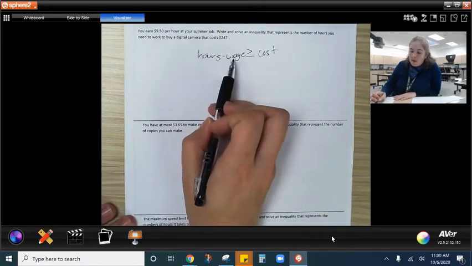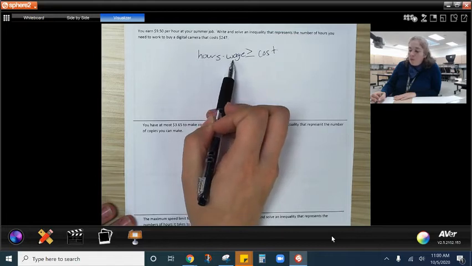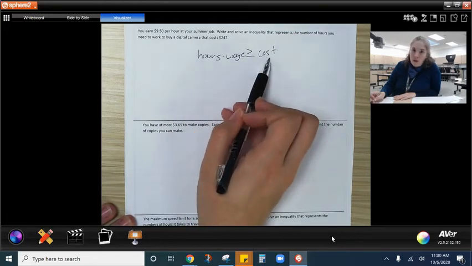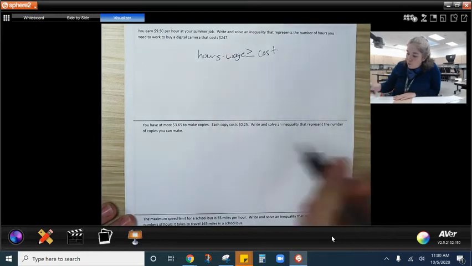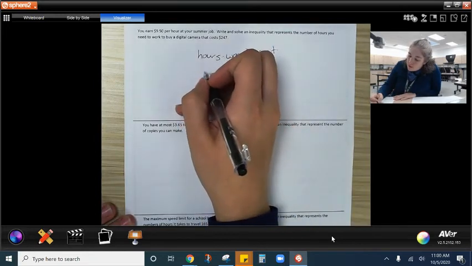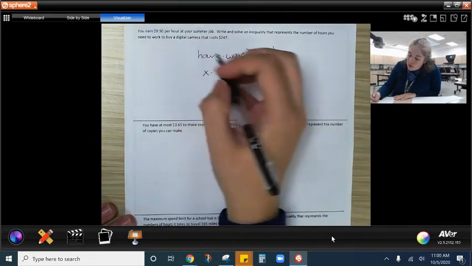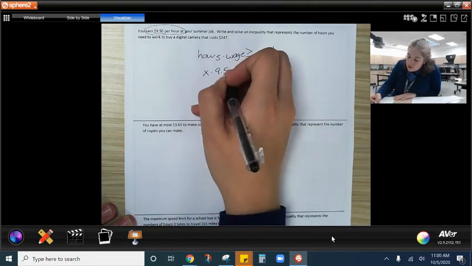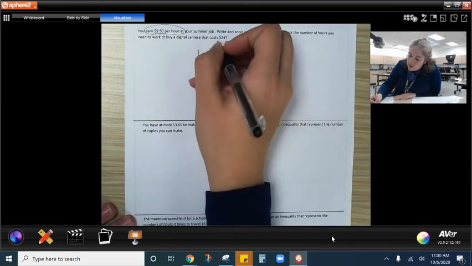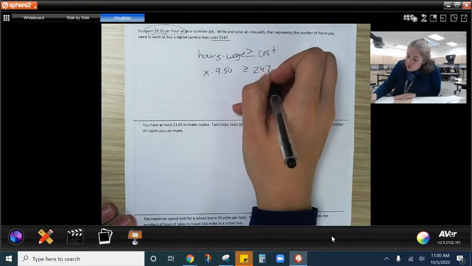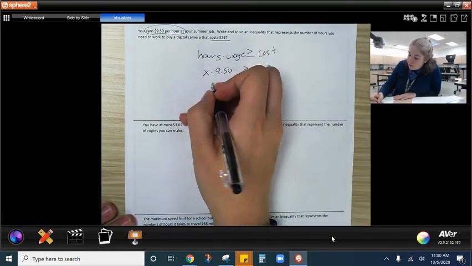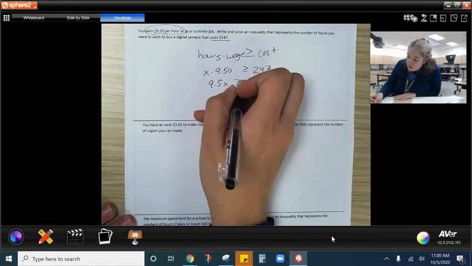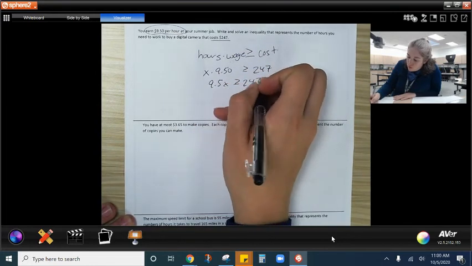However many hours we work, we times that by how much we get paid per hour, and we want that to be more than how much the camera costs. So we have some unknown amount of hours. Our wage, we just said, was right here. It's $9.50, and the camera costs $247. So we have 9.5x is greater than or equal to 247.